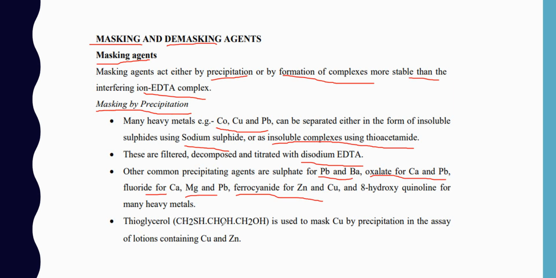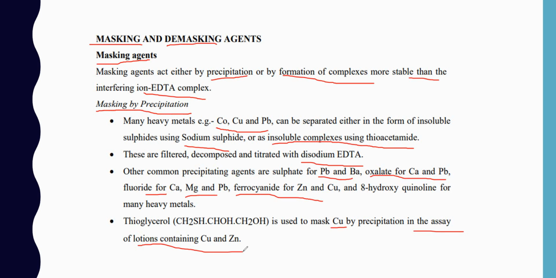Thioglycerol, that is CH2SH, CHOH, CH2OH, is used to mask copper by precipitation in the assay of lotions containing copper and zinc. Now I hope you got what they want to convey, that is masking by precipitation. We are masking some of the metal ions by precipitating them, so that once we mask them they don't interfere with our titration.